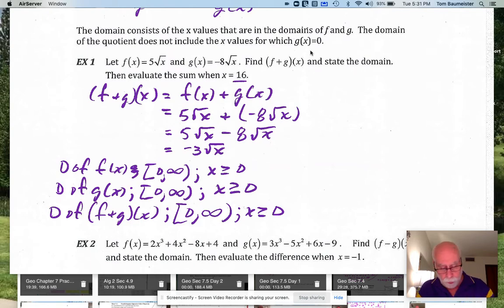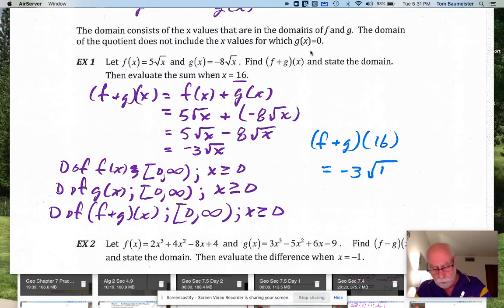Remember, we need f plus g of 16. So if we take our f plus g of x, which was negative 3 times the square root of, well, we're going to put 16 in for our x, and the square root of 16 is 4. And so our answer is negative 12.